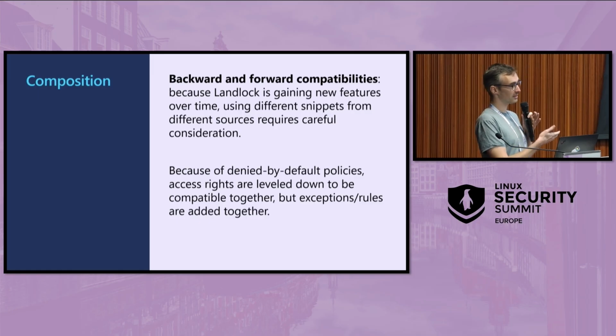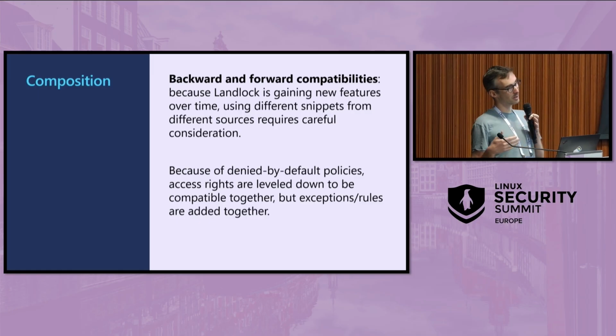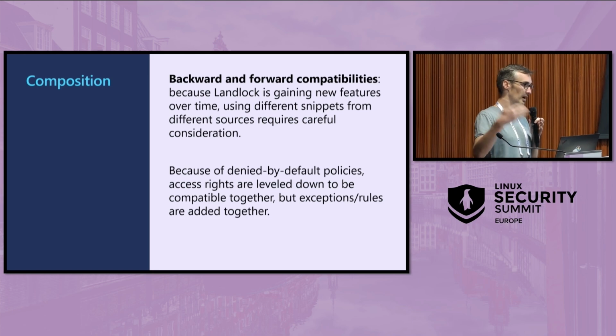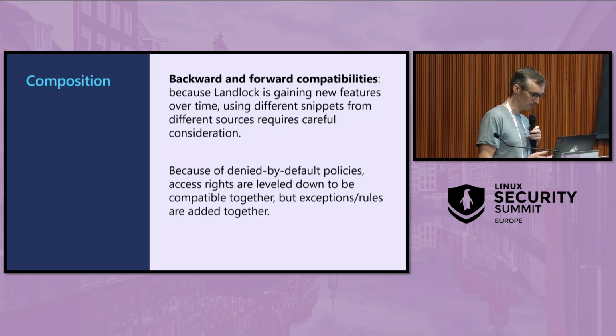And on these denied access rights, you need to add exemptions, which are called rules, to allow access to some files in read, write, and so on. But the basic idea is that it is a denied by default security system.